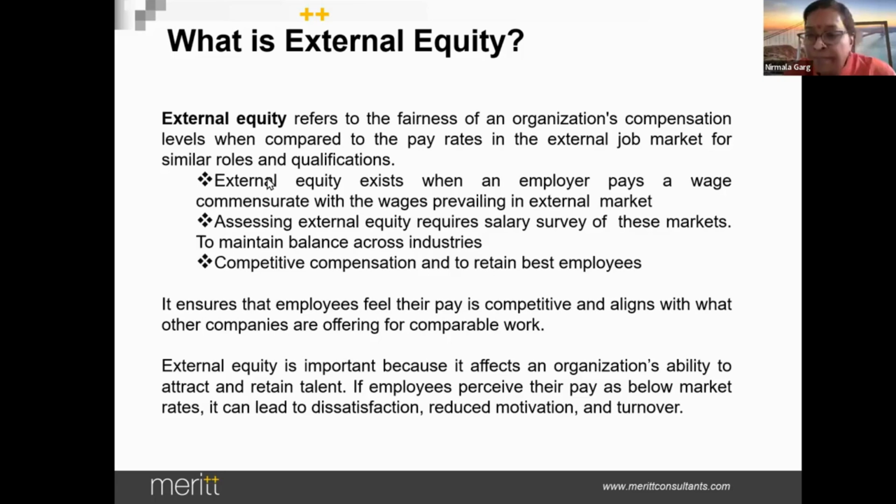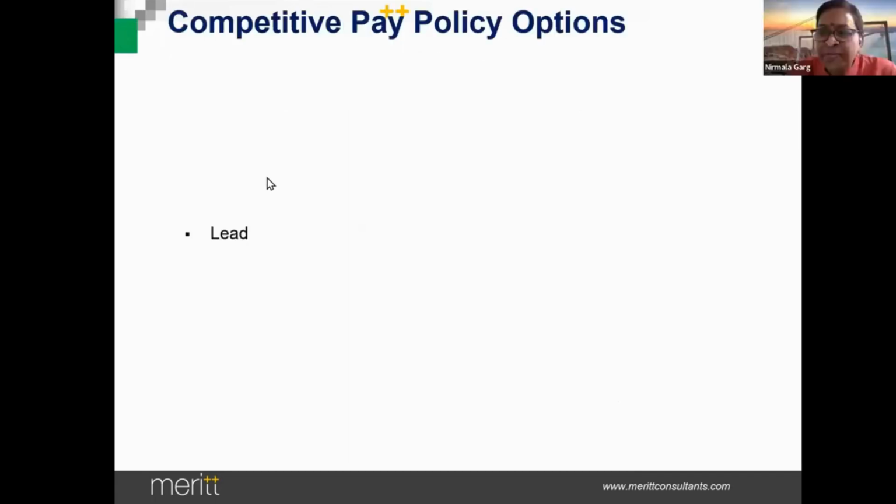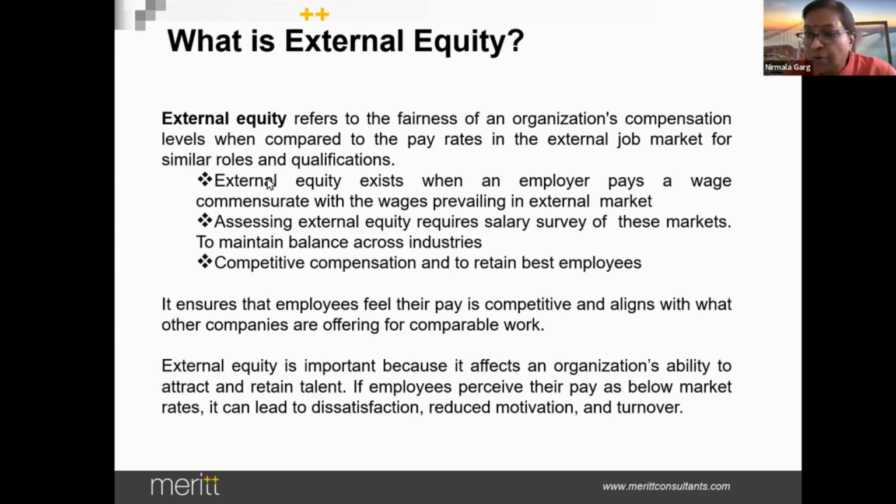Then what kind of data will you collect? What components or elements of the compensation data will you collect?